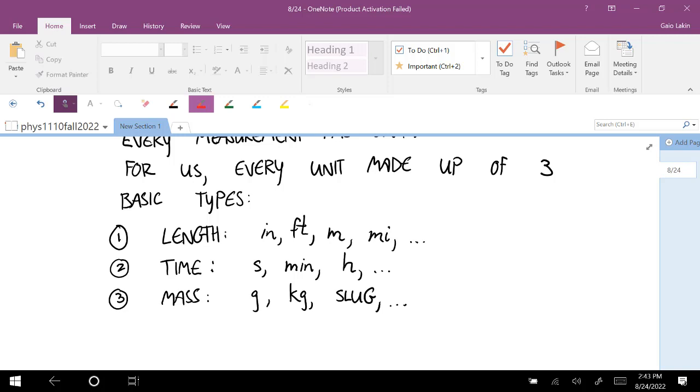We are primarily going to use SI units. So that is meters for length, seconds for time, and kilograms for mass. SI stands for Système International.